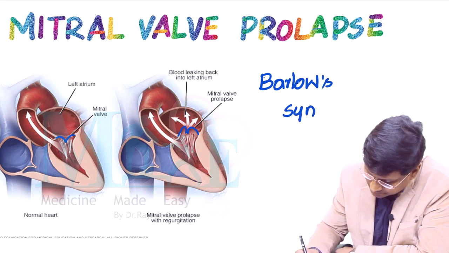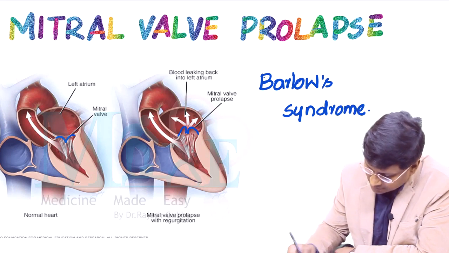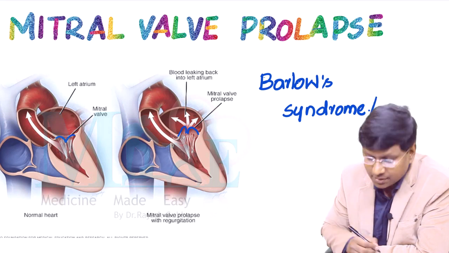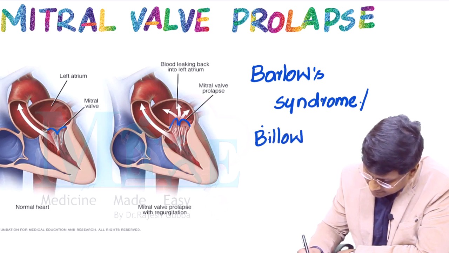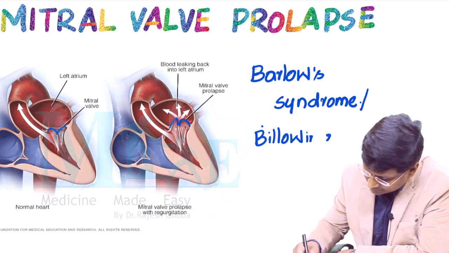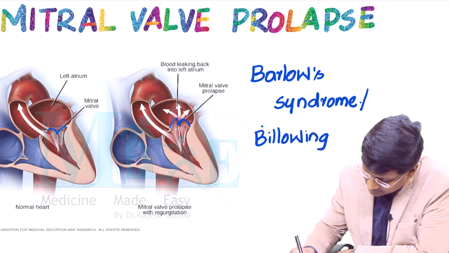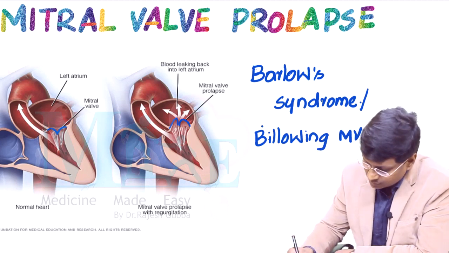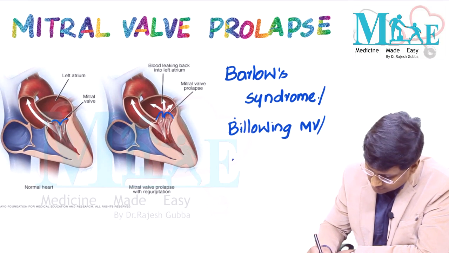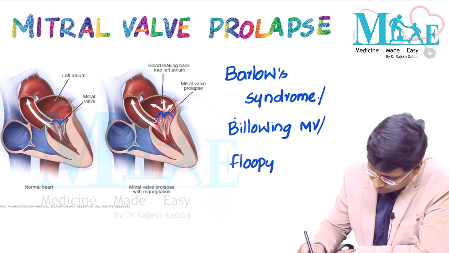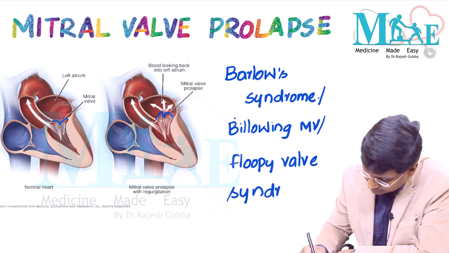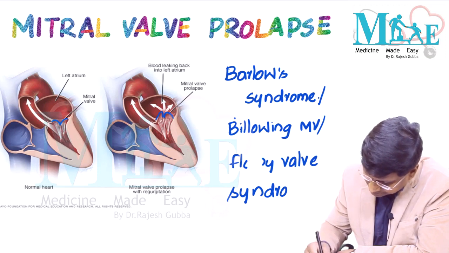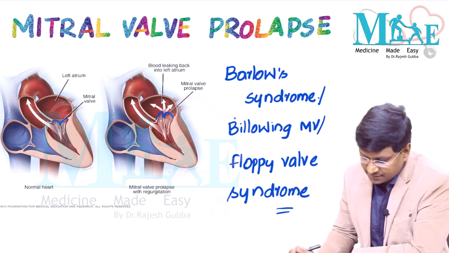It is also called Barlow syndrome, or the other name given is billowing mitral valve, or it is also called floppy valve syndrome. So these are the various other names of the mitral valve prolapse.